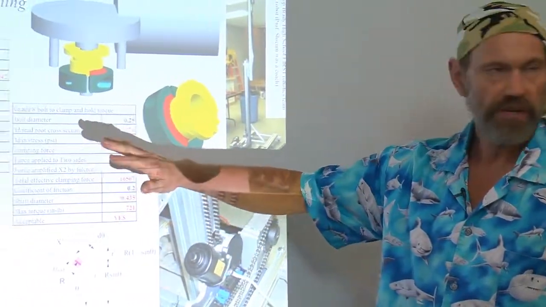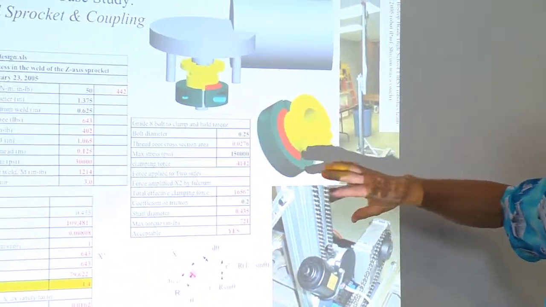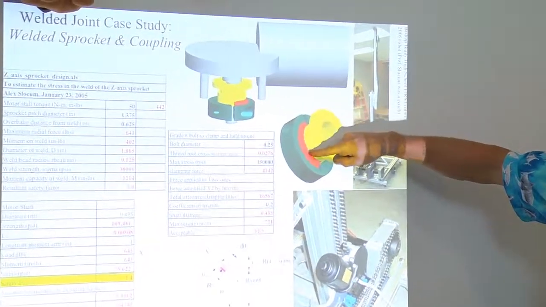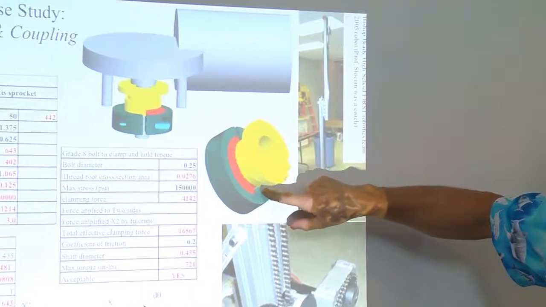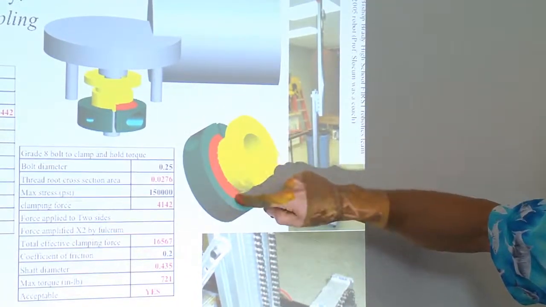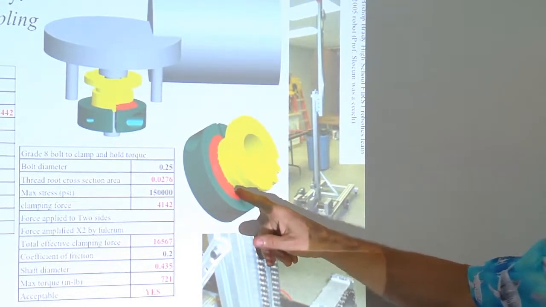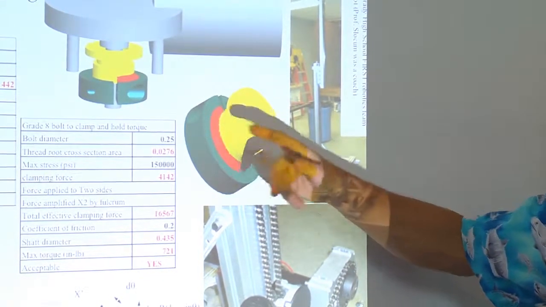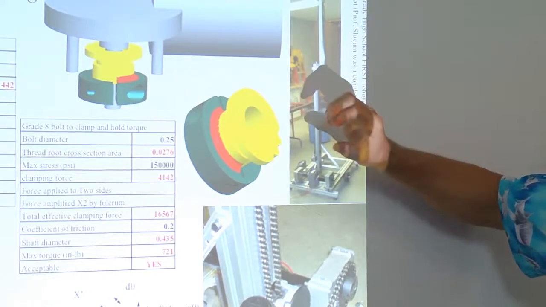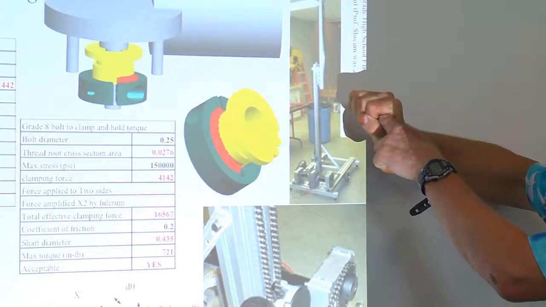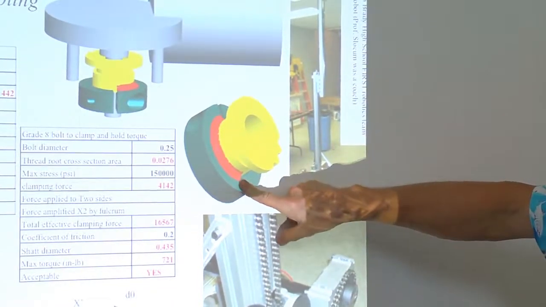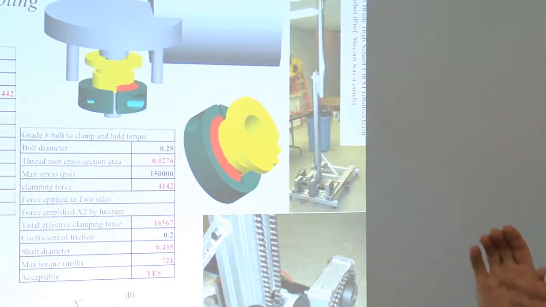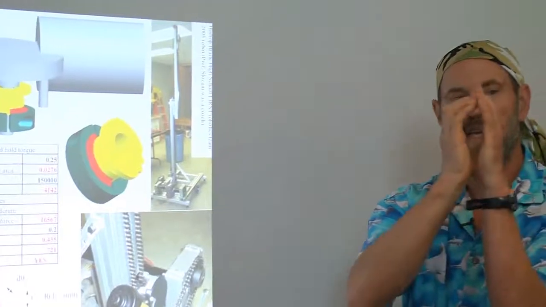What the spreadsheet is showing, and you can read in the text, is that the red part represents the weld. The weld is only on half of the coupling, because if you were to weld all the way around, the coupling could not function in the squeezing clamp type mode. See, back on the back side here, it acts like a hinge. And so one half of the coupling has to be able to close to clamp.